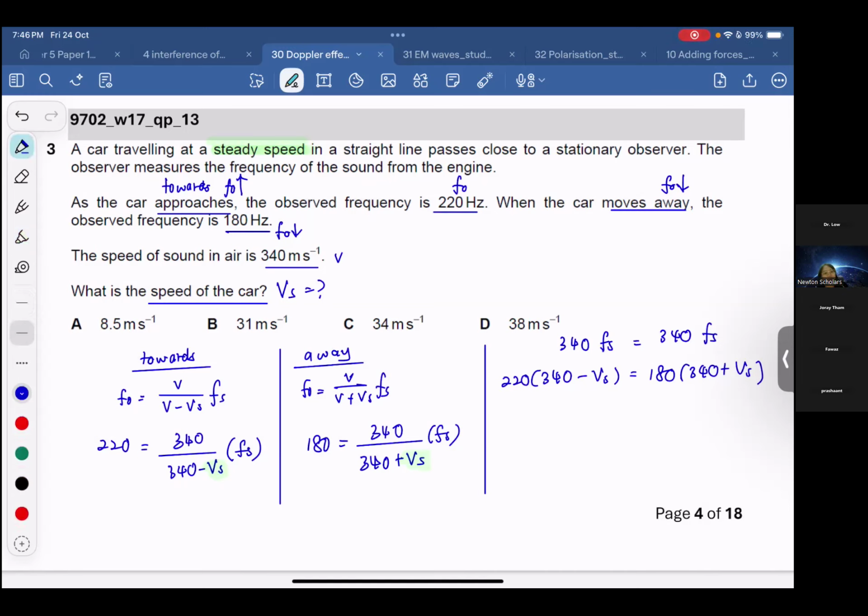Here you will find 340 over fs, another one also 340 over fs. So we can use these two to make a simultaneous equation. From here I solve using mathematics, actually I can get Vs equals 34 meters per second. Answer should be C.